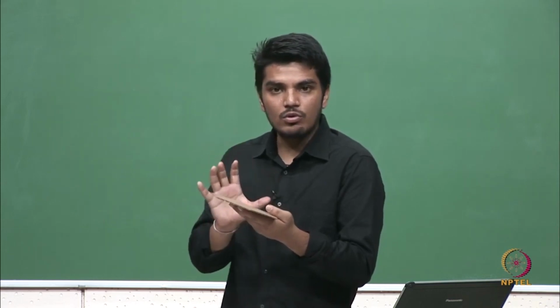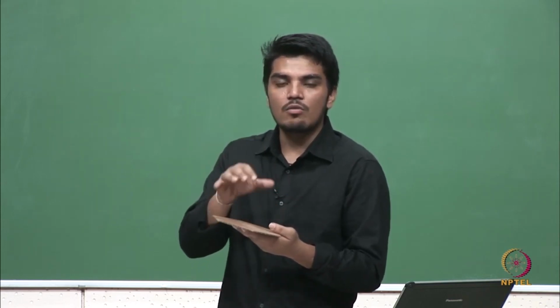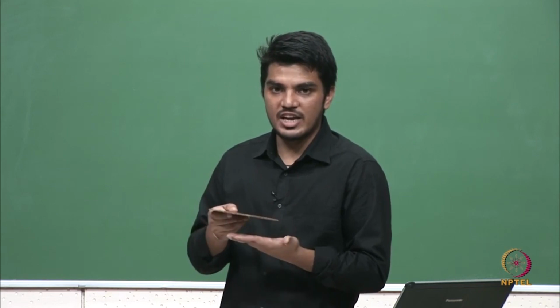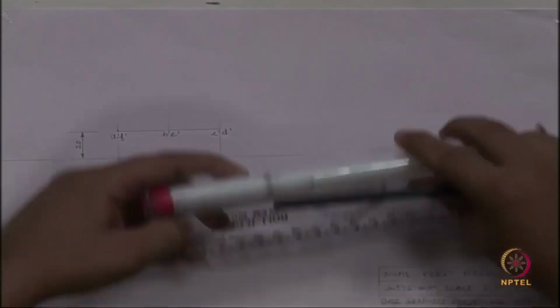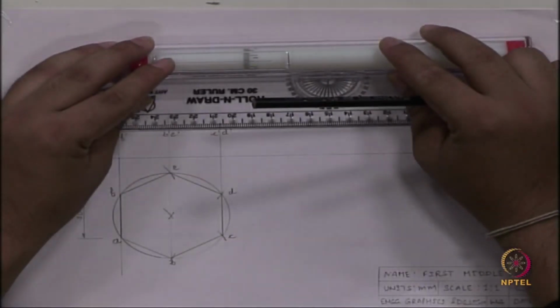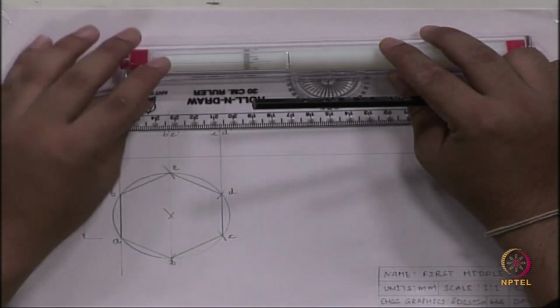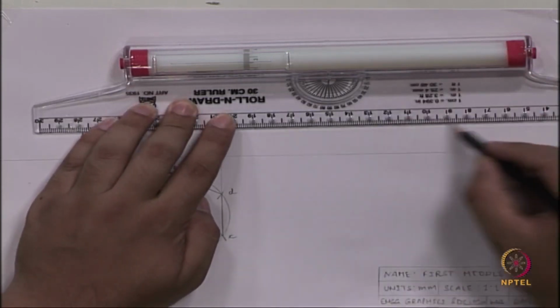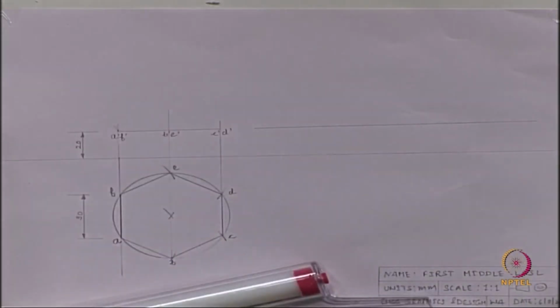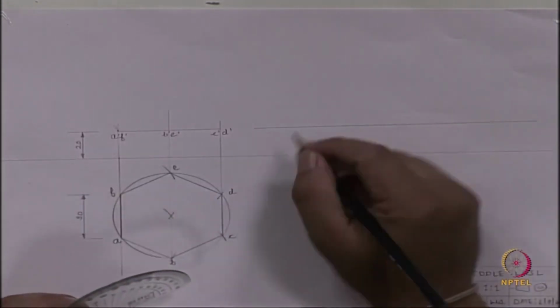So, we will first start drawing the front view, and using the projection of the front view, we will draw the top view for the second orientation. We will draw a 30-degree angle from any random point.